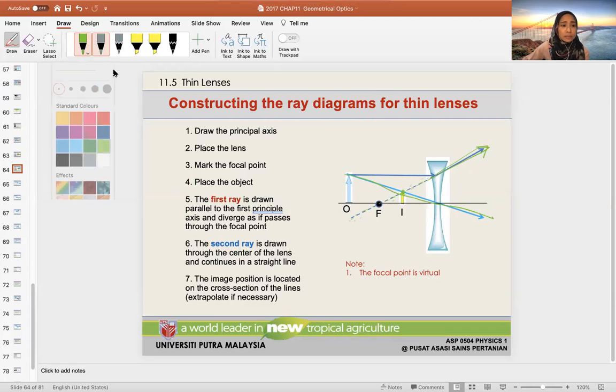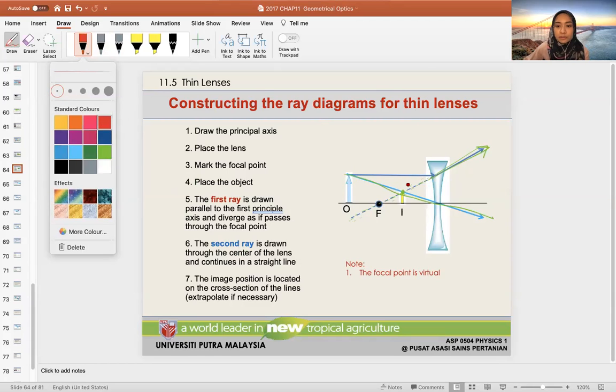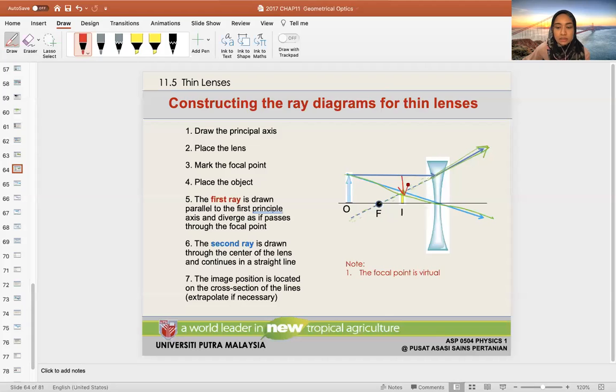Okay, so something that maybe some of you are going to be confused is that you will draw your image here, or I don't know, because it intersects here, right? So sometimes this line confuses you, padahal ni line yang kita lukis. Line yang kita lukis tak, it does not make the image. So this is wrong. So the image is always with respect to the principal axis to your intersect.